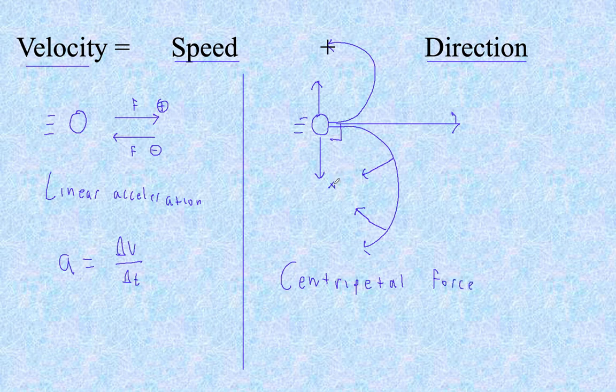A centripetal force acts toward the center of a circle like that. And that's what we're getting into here. That's the new thing, the idea of changing the direction with a force that's at right angles to the velocity. So far, all we've had are forces that were either in the same direction or in exactly the opposite direction.